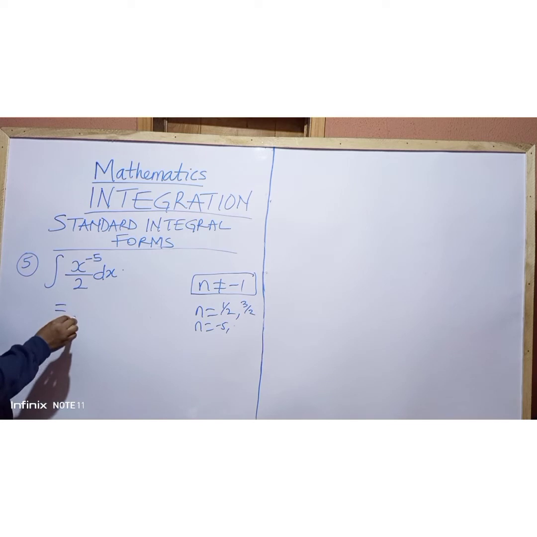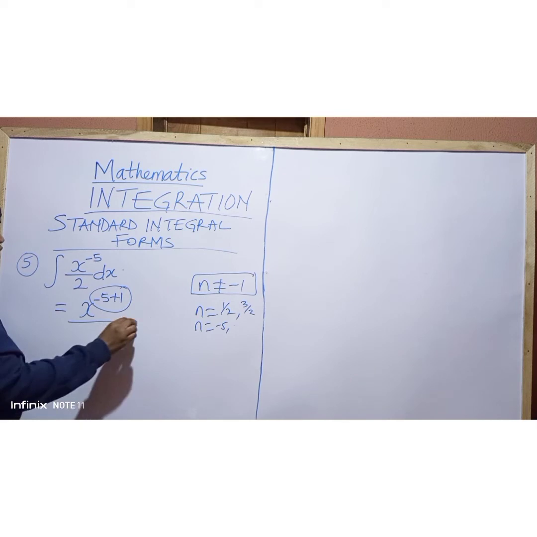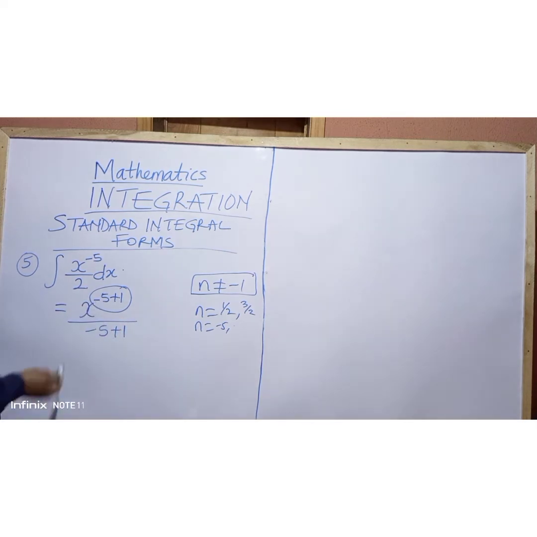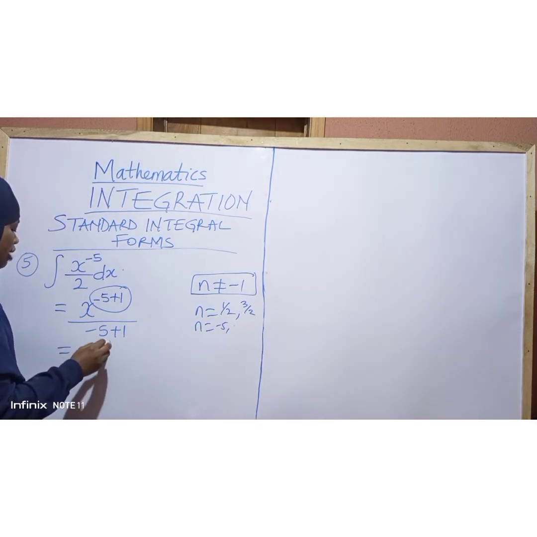So the solution will be x raised to the power of that minus 5, you write it, then plus 1. Then this is your new exponent. This new exponent, you use it to divide everything, the expression. So we have x raised to the power of minus 5 plus 1 gives me minus 4. So raised to the power of minus 4 divided by minus 4.